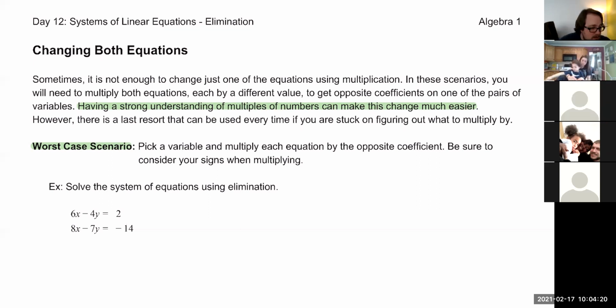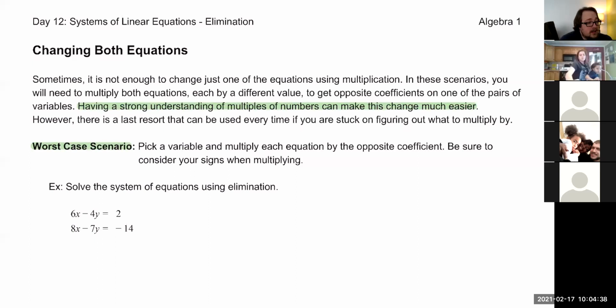Hey, Josh, I got a question real quick. Sure, Dustin. Since the 14 is a multiple of 2, can you use that to solve for the X and the Y? Yeah.